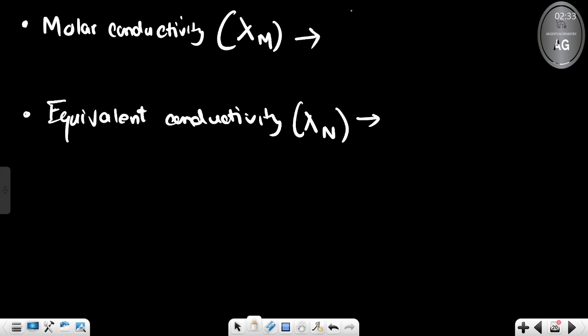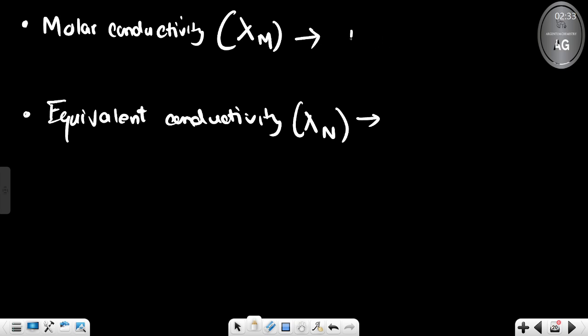So the total conducting power of all the ions produced by 1 molar solution, in a given volume, is called molar conductivity, and if it is 1 gram equivalent, then it is equivalent conductivity.